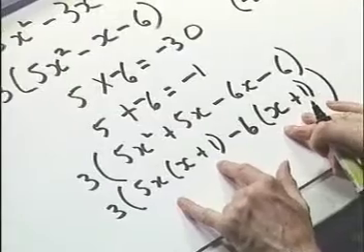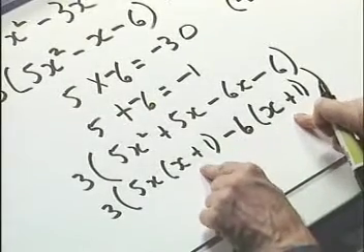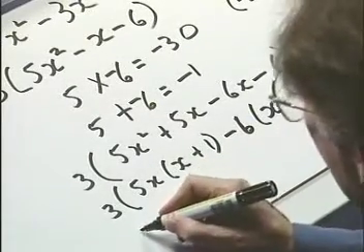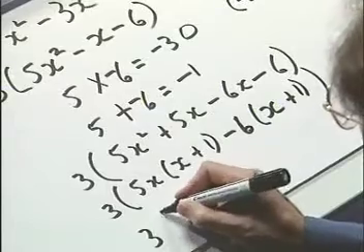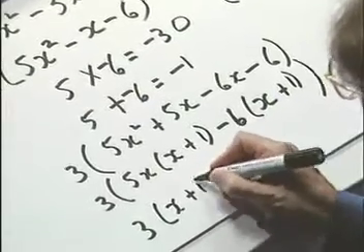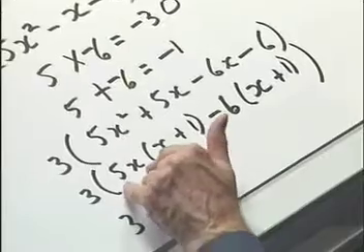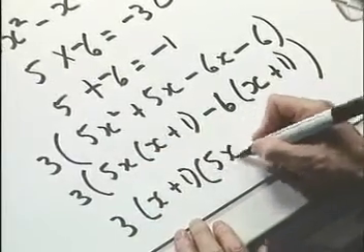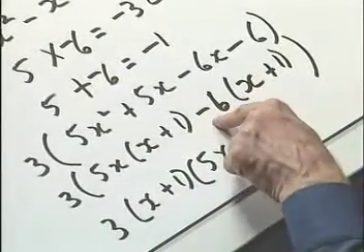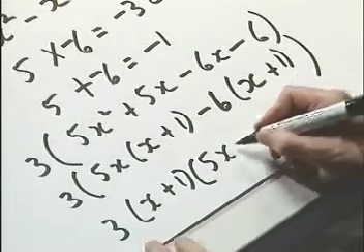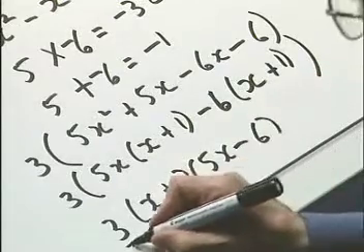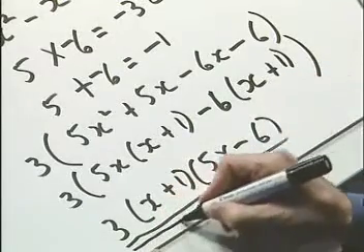Two lumps of algebra, each sharing this common factor of x plus 1. Let's take that out. 3 bracket x plus 1 times by, and the x plus 1 times 5x, and the x plus 1 also times minus 6. And so we've completed that factorization.